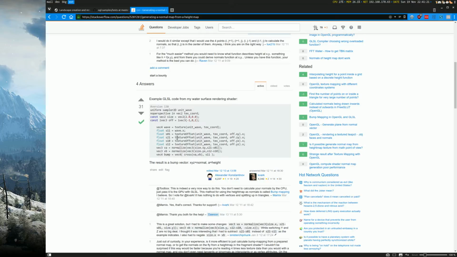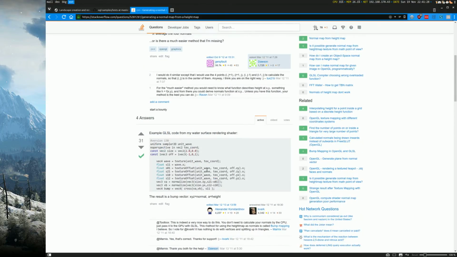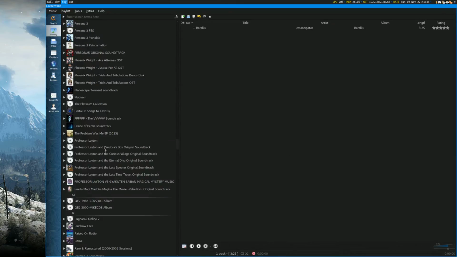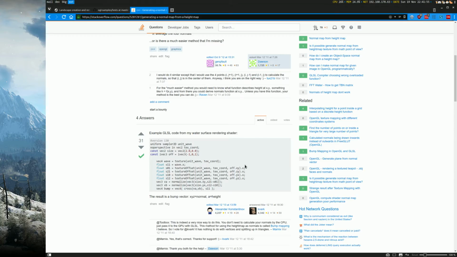You only need to do that in the vertex shader, right? Per vertex, and not per pixel, hopefully. What does that do here? Okay, so that's what it does. Also, music ended, so I'll take a minute to see if... let's just do that.